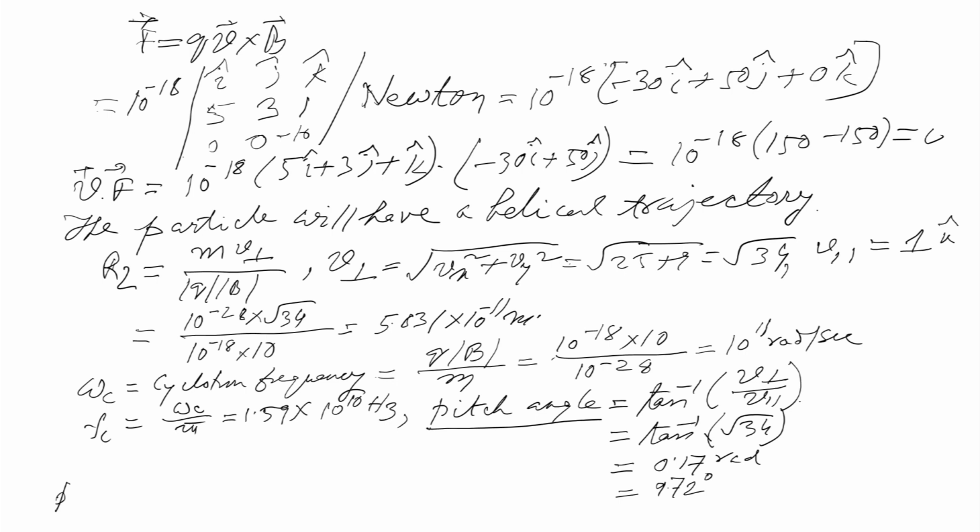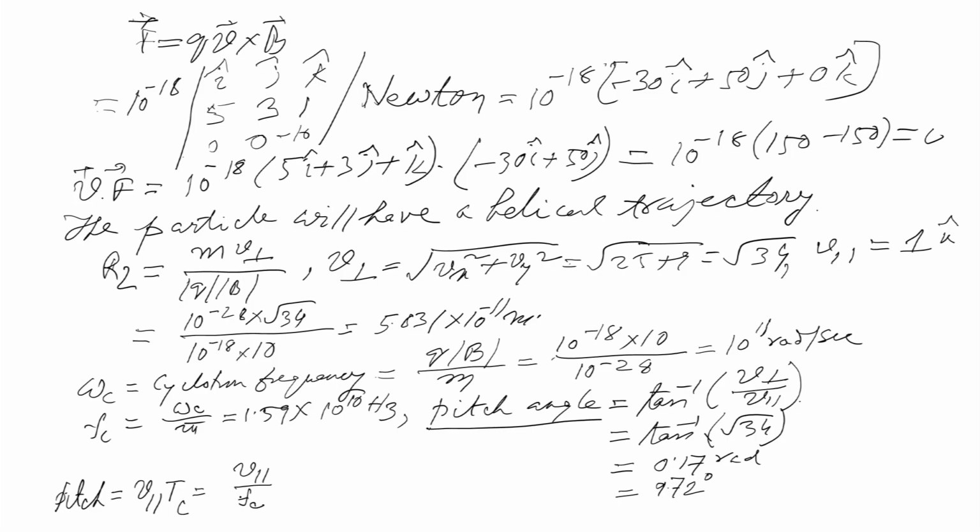Okay. So, now next you can calculate the pitch. So, what is pitch? Pitch is equal to the parallel component of velocity multiplied by the period of gyration, that is T c. So, I can write this as V parallel divided by f c.